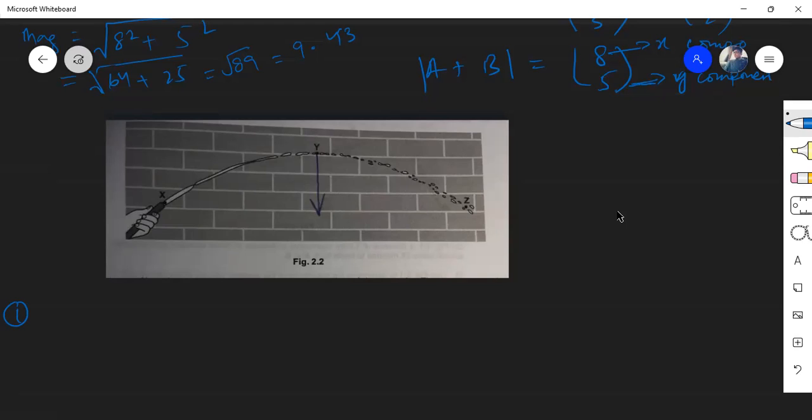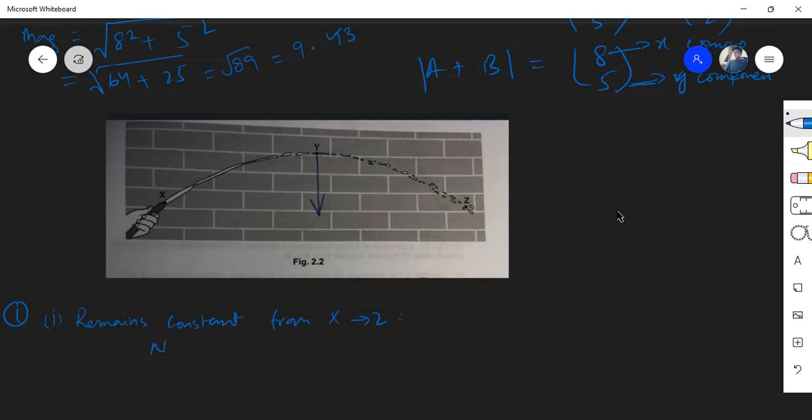About the horizontal component, you're right that it remains constant from x to z. Why does it remain constant?